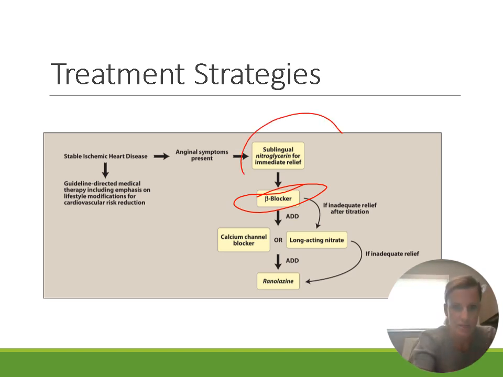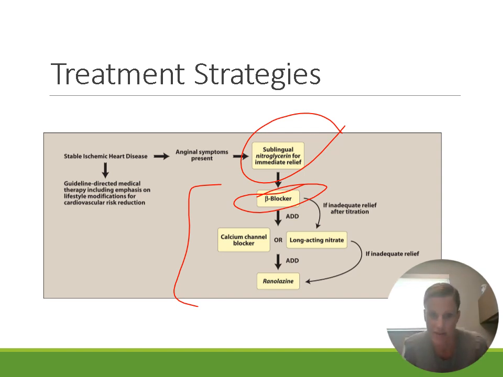So this sublingual nitroglycerin is immediate for an acute attack. I'll talk to you in a little bit about how you dose it and how you take it and some of the precautions, right? So the patient needs to have nitro just in case. The other meds down here are chronic medications that are given to decrease the number of attacks, right? To try and make it so that you don't actually get to that point.